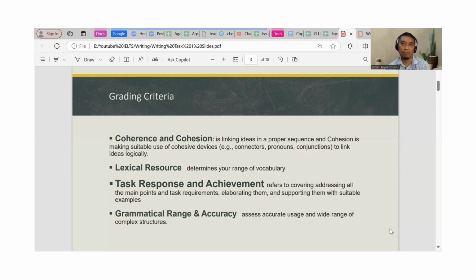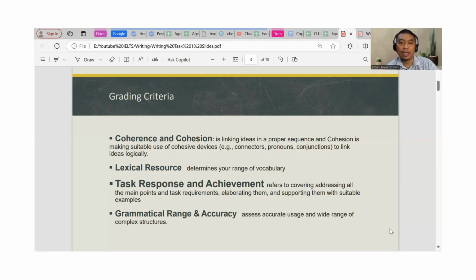It's lively and so on. As long as you stick to the questions, you should be able to fulfill the task response and achievement. So it will be different if they ask what's your experience of living in Tokyo, and you end up explaining Naruto and Dragon Ball instead. So that's way off the topic.